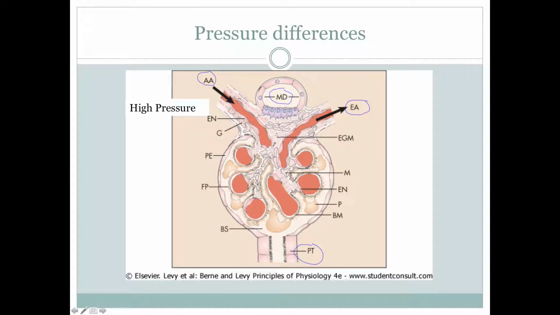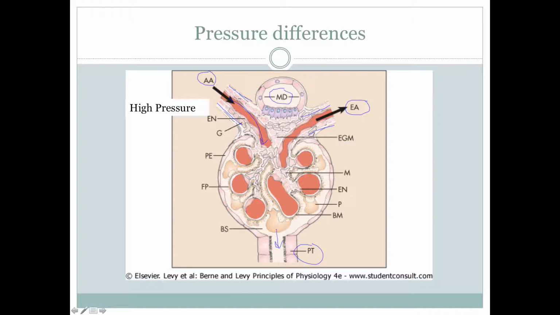So what I want you to look at right now is just the size. We've got the afferent arteriole right here, and then we have the efferent arteriole. Blood is going to come in this afferent arteriole at a really high pressure. It's going to be squeezed through these tiny little blood vessels, and eventually those filtrate products will make it into the first part, Bowman's capsule, part of the proximal tubule.